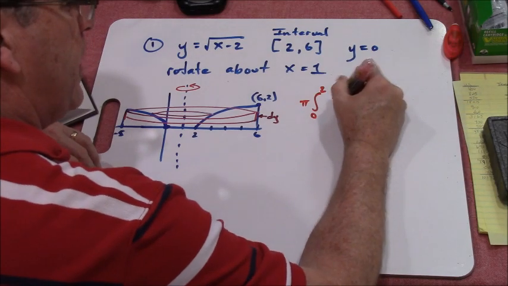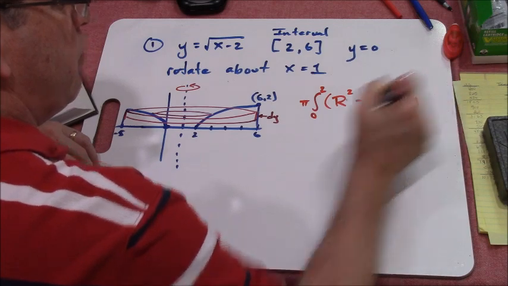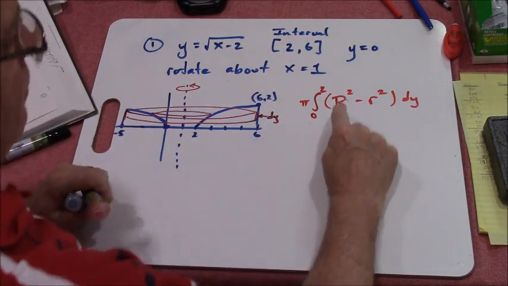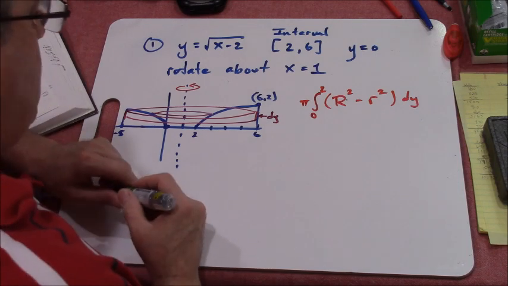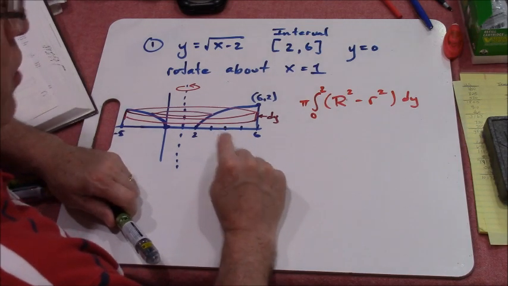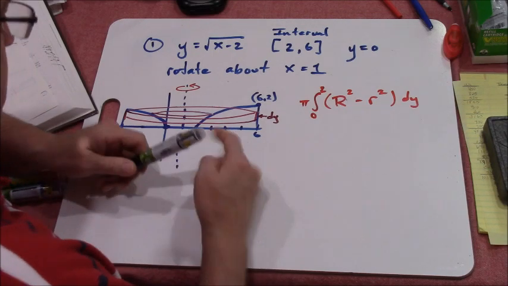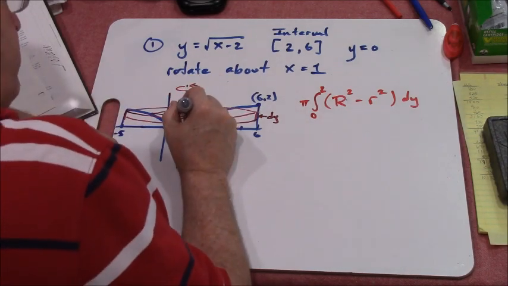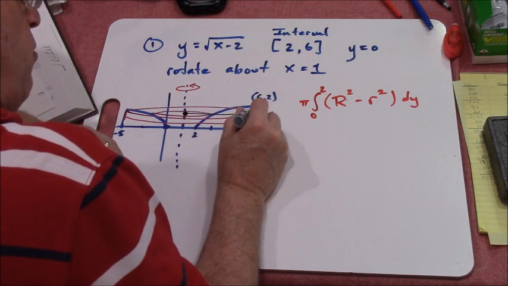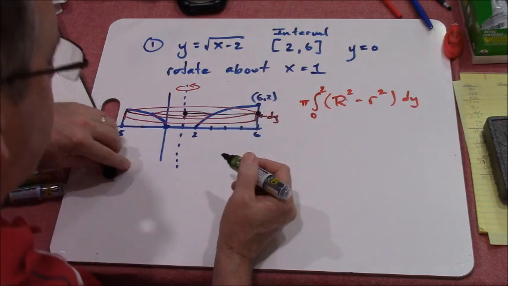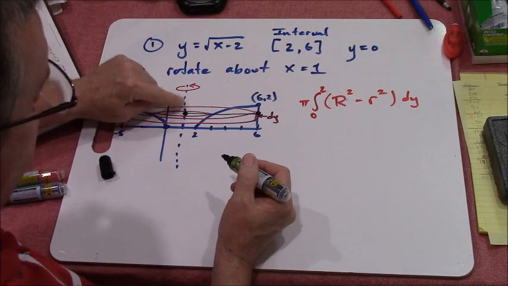Pi times that, we're going to have big radius squared minus little radius squared dy. And so now I just have to figure out what I'm going to call those two radii. Now remember, when you draw the radius, you always have to draw it to the original function. This is the original part out here. So my large radius is going to start right here and go all the way out to this line. So as you move this point up and down, your axis of rotation doesn't change.